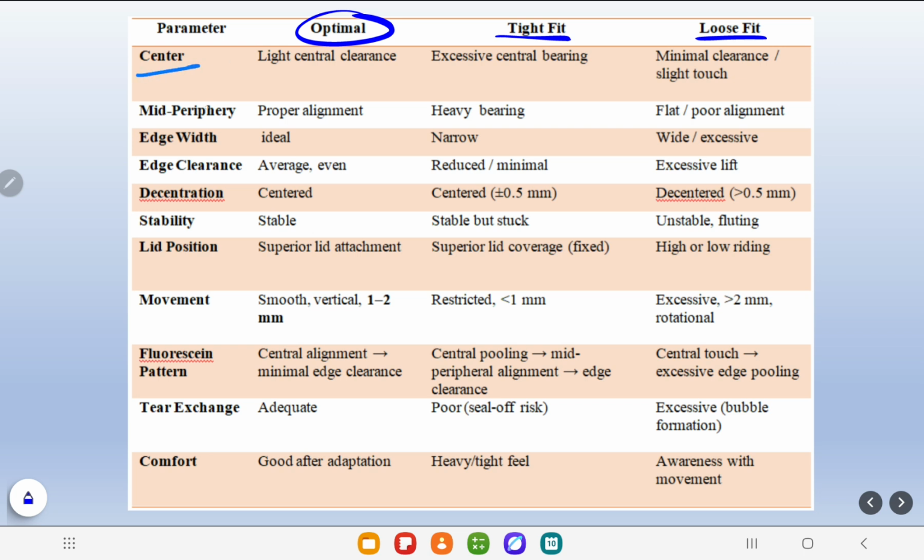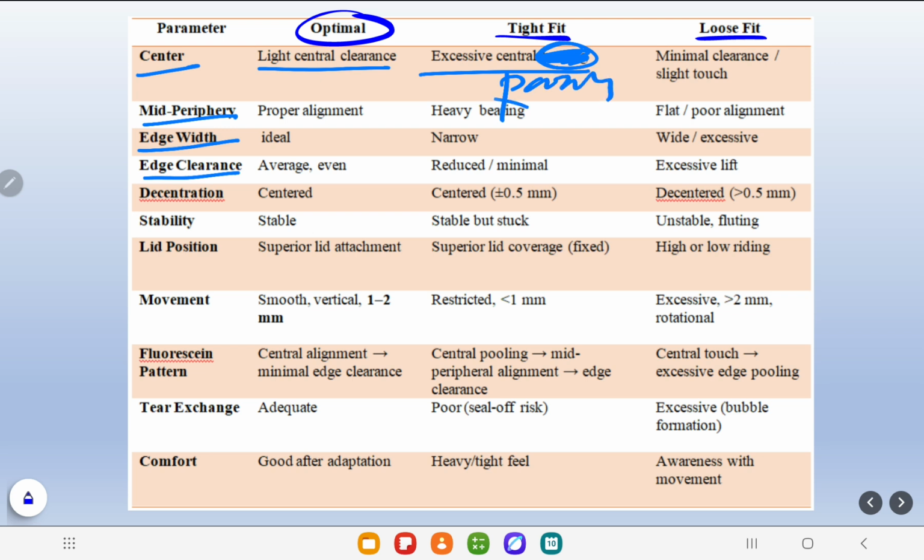For central, mid periphery, edge width, and edge clearance, these are static fitting, and the others are dynamic fitting. For static fitting, optimal fitting has a slight central light touch, while tight fitting has excessive central pulling.